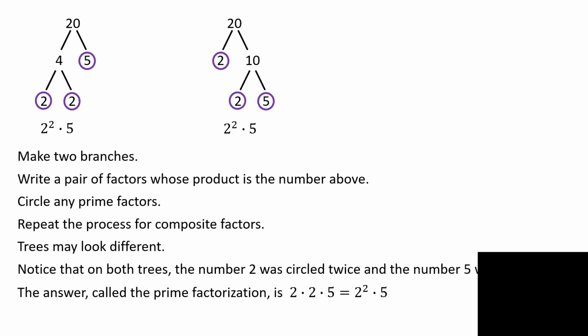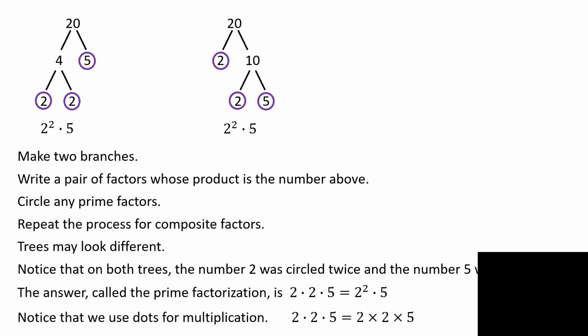Right? So the answer, called the prime factorization, is 2 times 2 times 5, but we will write that as 2 squared times 5. Notice I put the smaller number first, so I started with the 2. Also notice that we like to use dots for multiplication. If you want to use the old-fashioned multiplication symbol, you can.